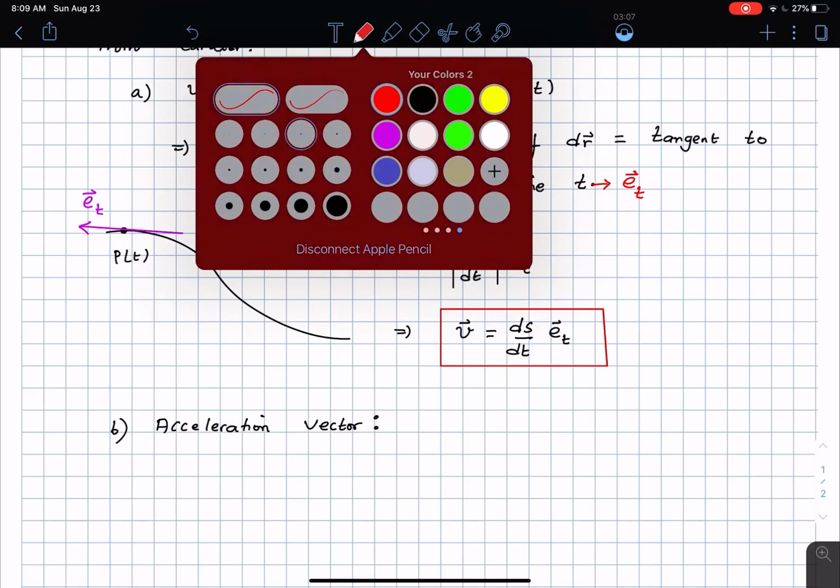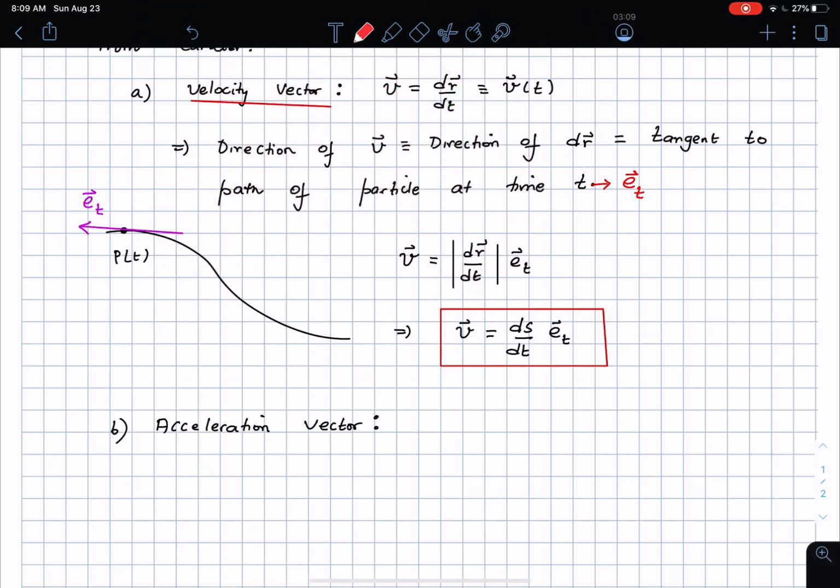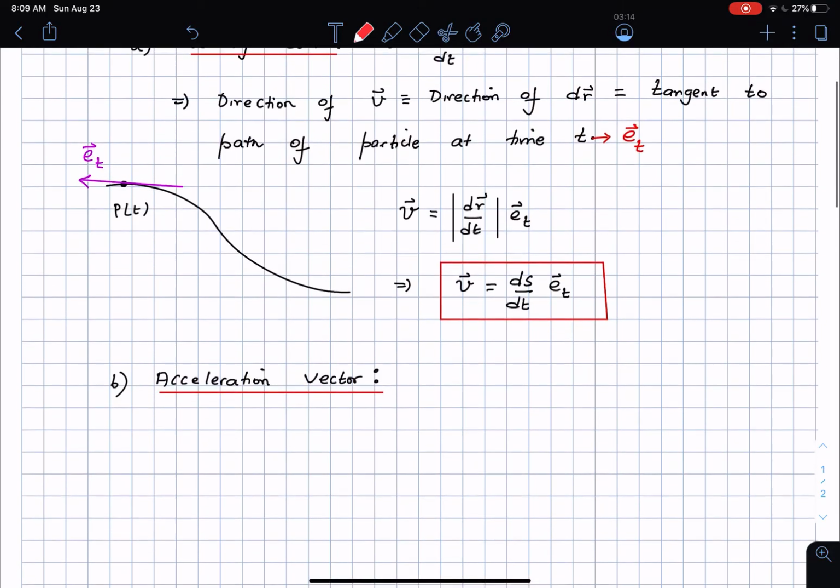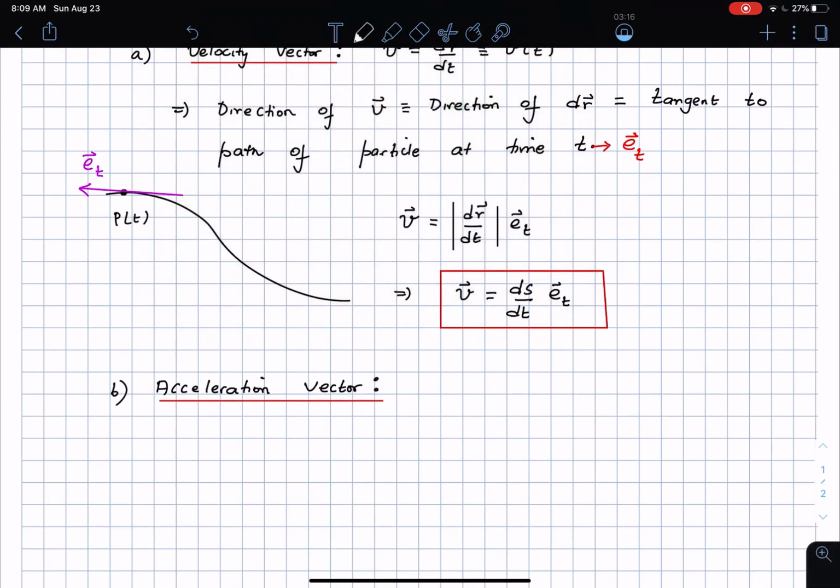If I do that, what do I get? We know from before that the acceleration vector is the rate of change of the velocity vector, so acceleration a is dv by dt.